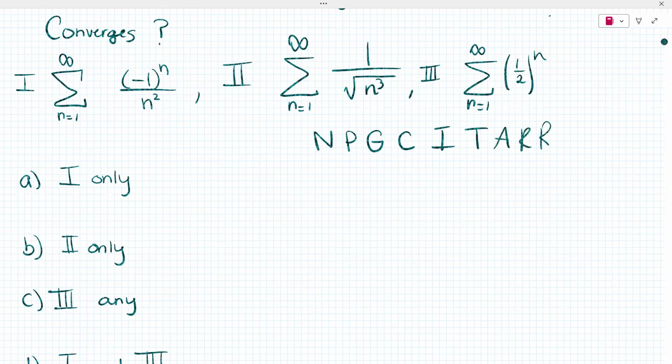This penguin goes camping in the Arctic region. Let's see. For one, we have negative 1 raised to the n over n squared. We know that converges.